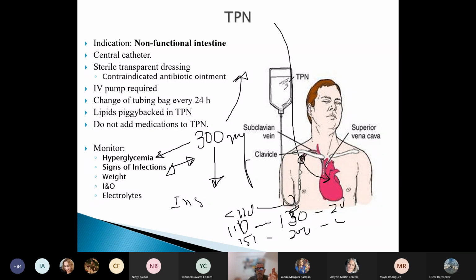It is 4 units. 201 to 250 is 6 units. And 251 to 300 is 8 units, and if the patient had 300, then you know that you need to give 8 units of insulin to the client, okay?